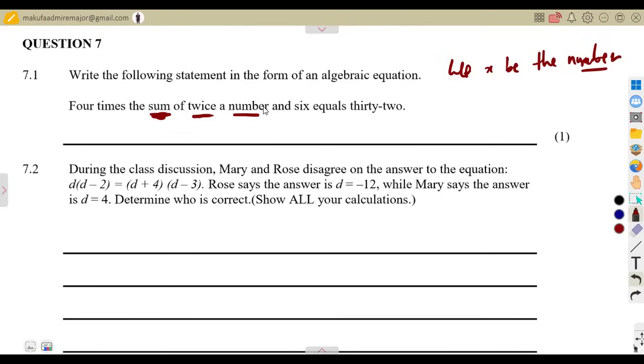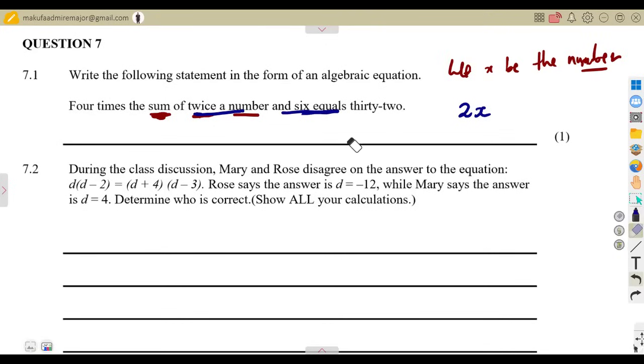Guys, be careful there. Twice the number means 2 times that number. So it's like this, twice the number. But they need us to have 4 times the sum of twice the number and 6, take note. So it's twice the number and the sum of twice the number and 6.